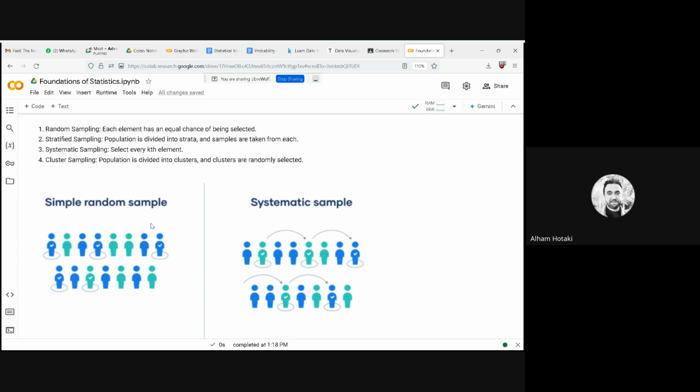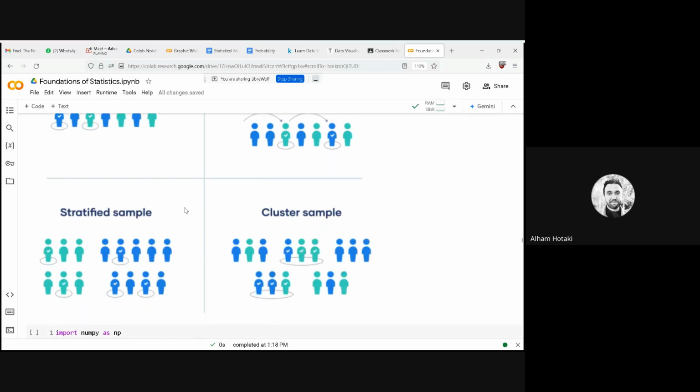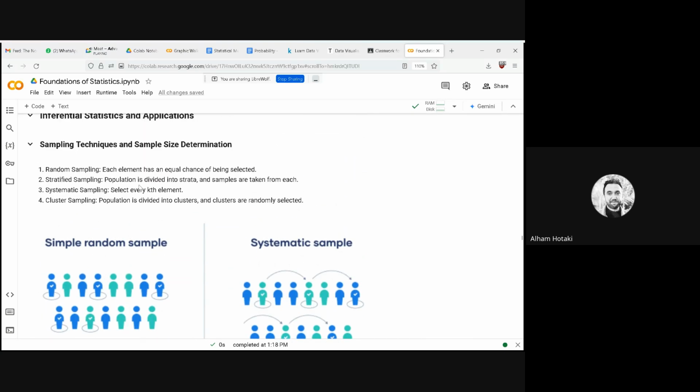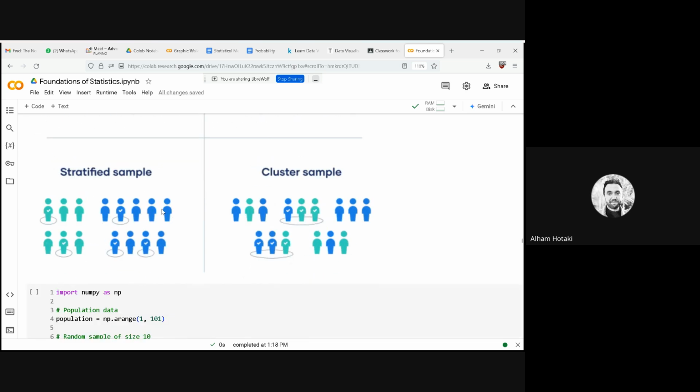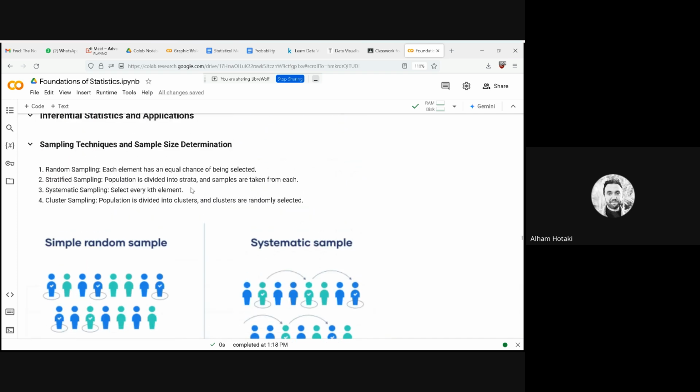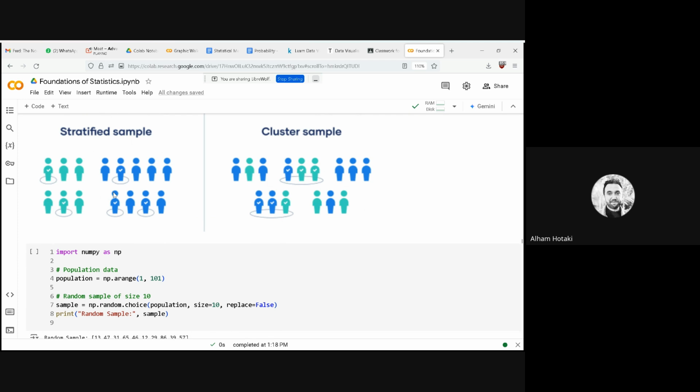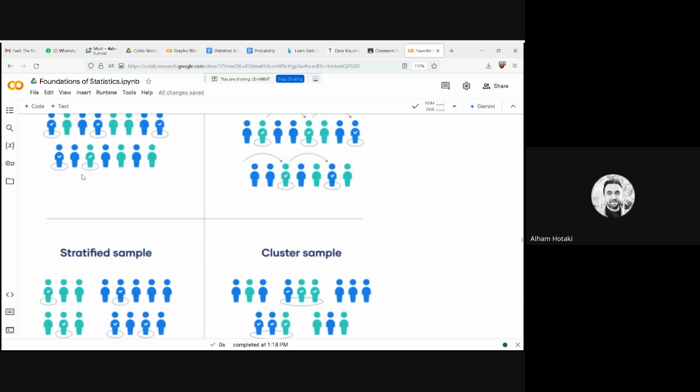Now, coming to stratified sampling. Stratified sampling is where the population is divided into strata, and samples are taken from each one. Look at this, these were the numbers.